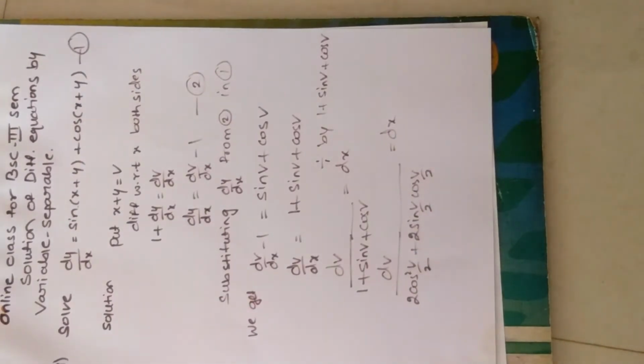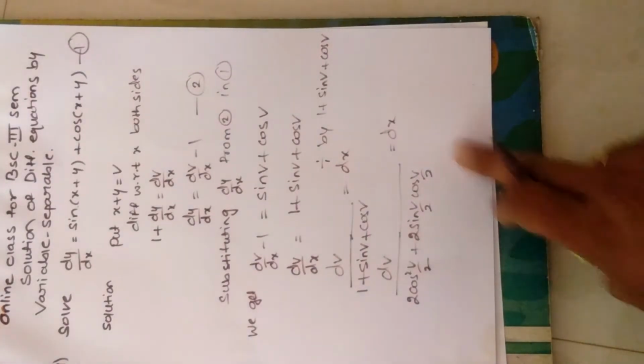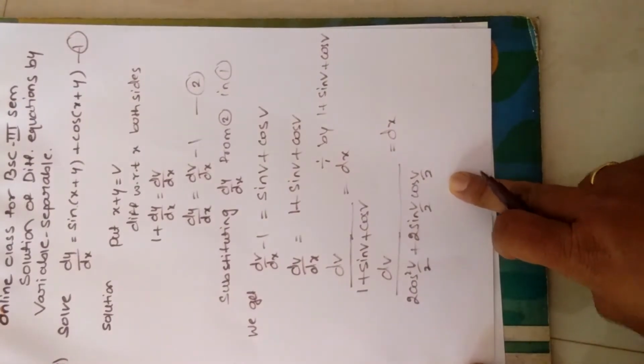Just like sin 2a is 2 sin a cos a, so sin v is 2 sin(v/2) cos(v/2). So like that we substitute here.